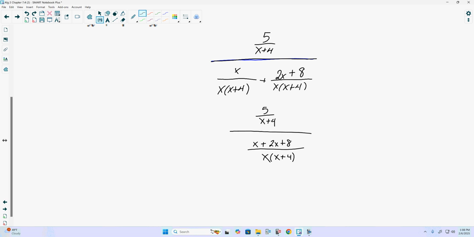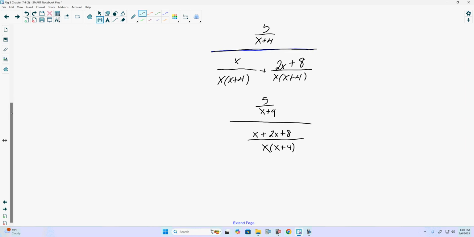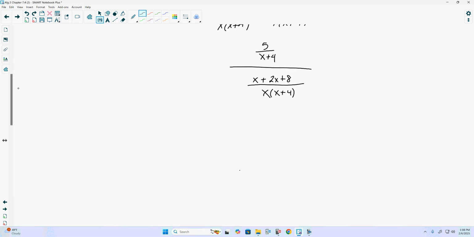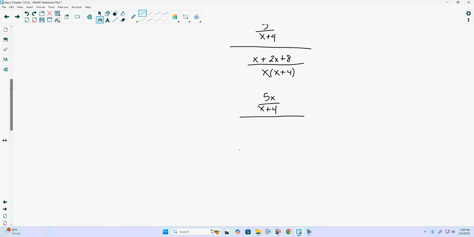We don't have to distribute anything through it, so we don't necessarily need them. Next thing we can do is combine like terms. 5 over x plus 4. Well, our x plus 2x is going to be 3x plus 8 over x times x plus 4. And this was the main goal, to get one fraction on top and bottom.